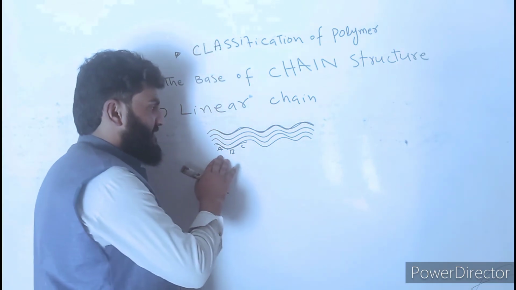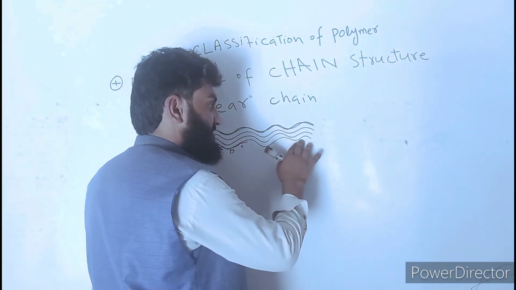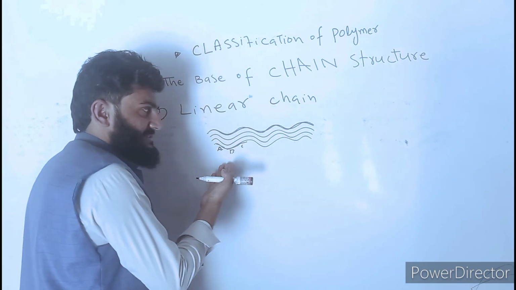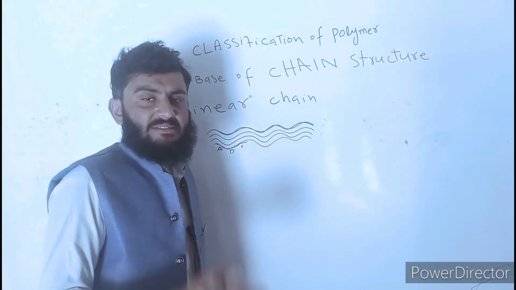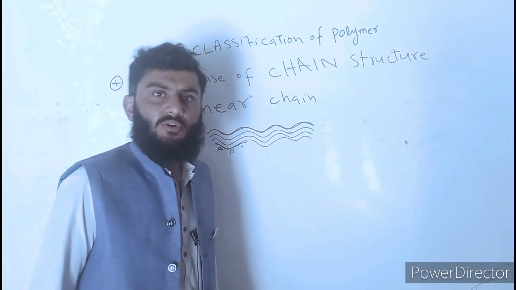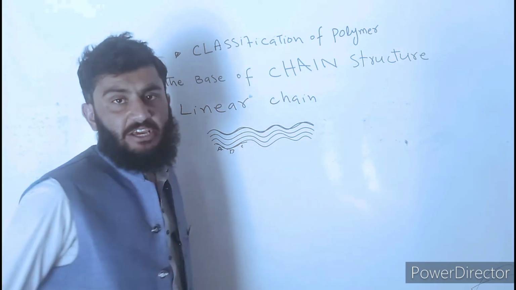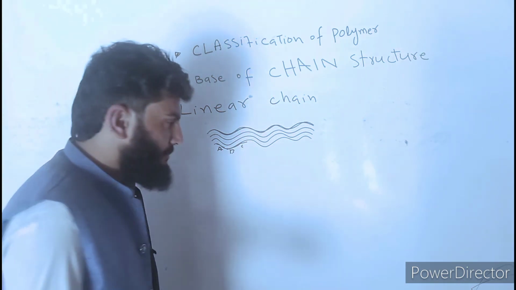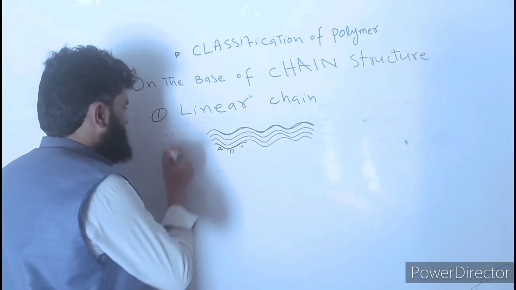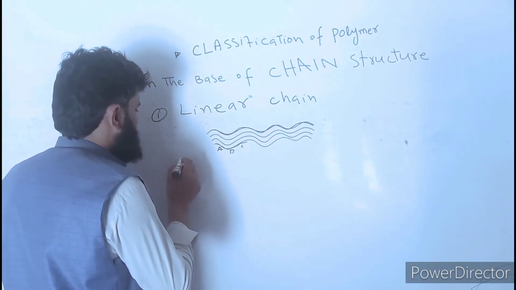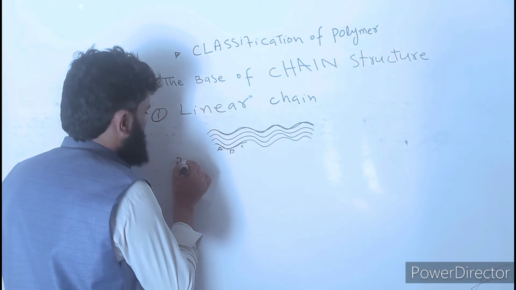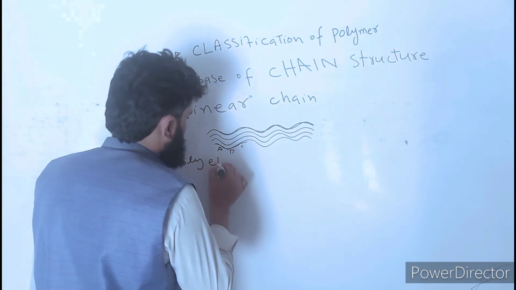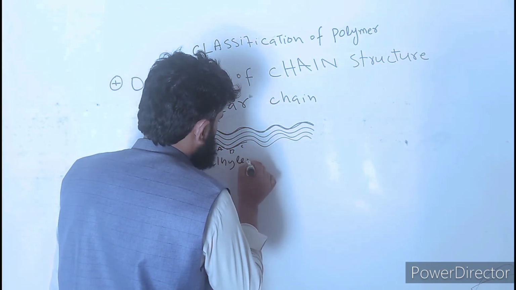So when the polymer chains are arranged with respect to each other linearly, then such polymers are known as linear chain polymers, clear? For example, polyethylene.